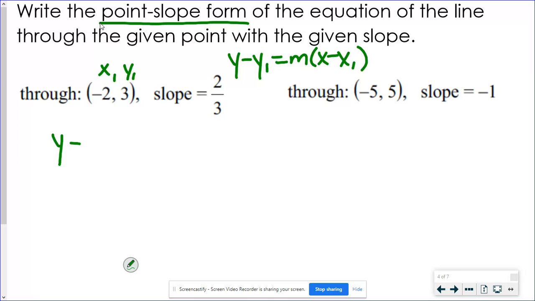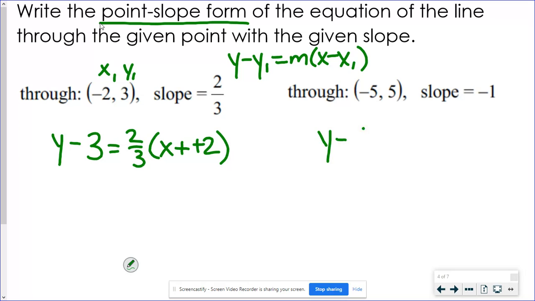These are really my x sub 1 and y sub 1. Y minus 3 equals 2/3, and then times x minus my x number. I'll just do a keep, change, and that's done. For the next one, y minus my y number equals m times x minus the x number. Keep, change. Done.